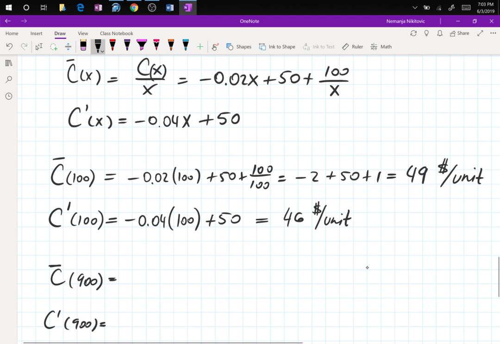For the average, we have negative 18 plus 50 plus 1 divided by 9 is about what?